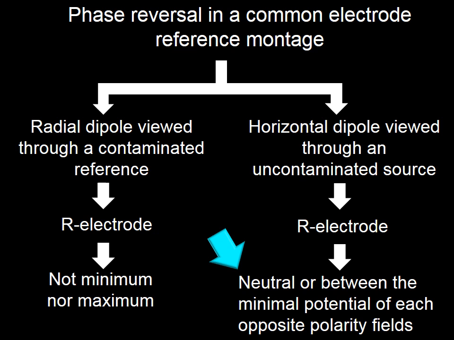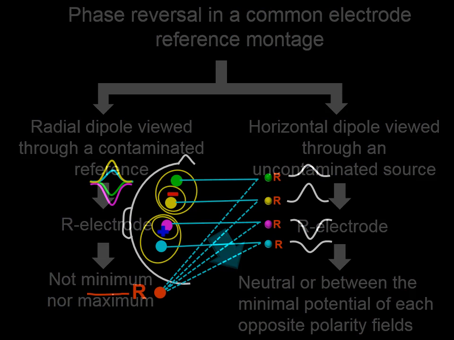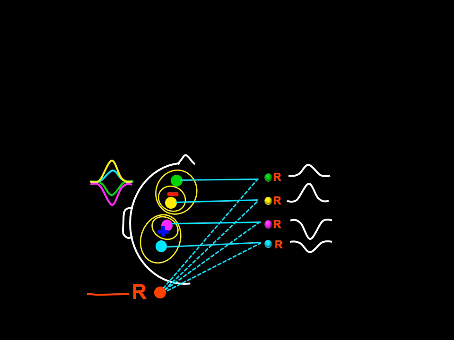I will give you an example with the hope that it will become clearer. In this frame, you can see an isopotential map. This map shows two fields produced by a horizontal dipole with expression in the scalp.